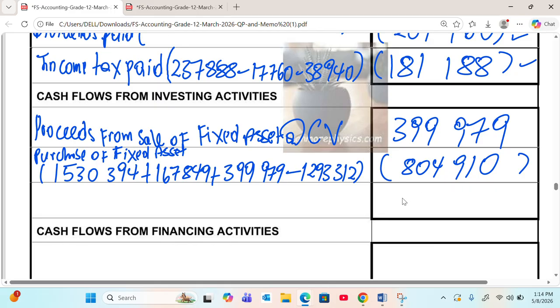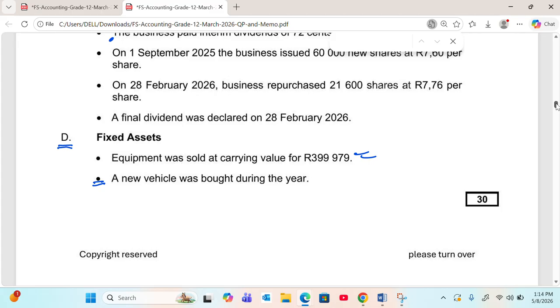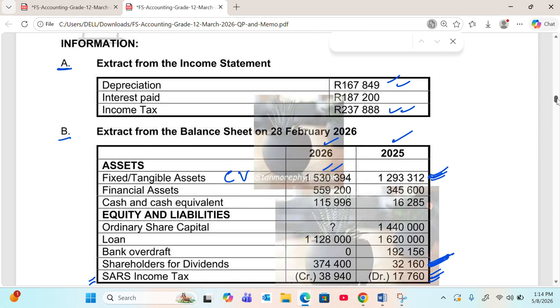All right. So for this example as well, guys, we need to go and check our financial asset. Can you notice that at the beginning of the year, financial asset, we have 345,600. And then our investment grew to how much? 559,200.